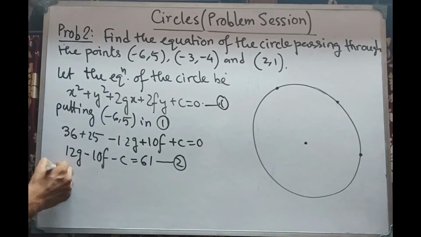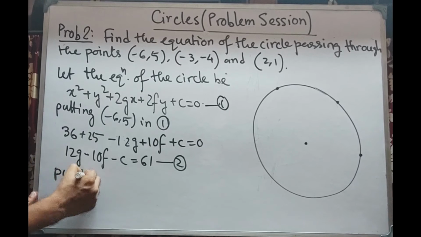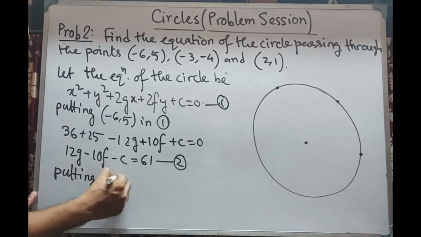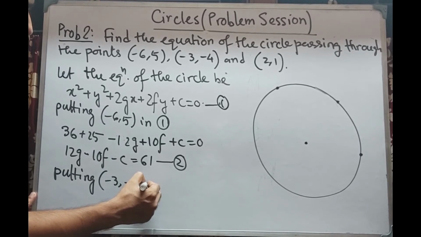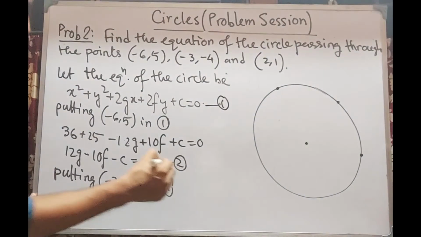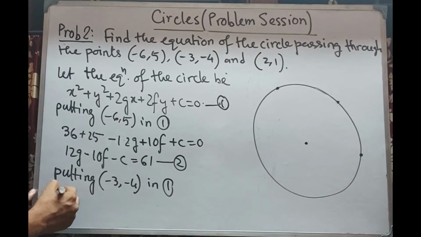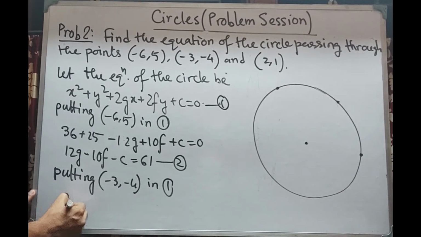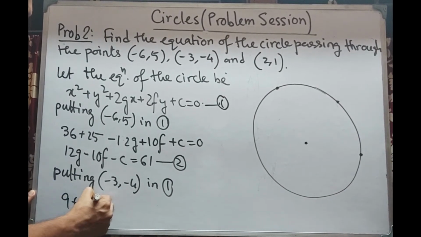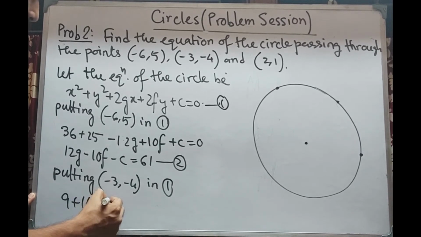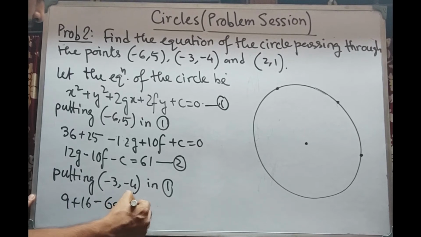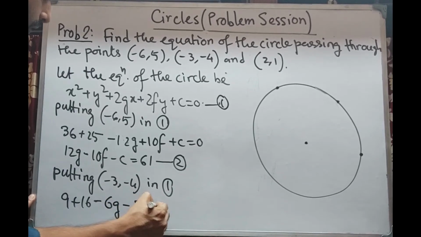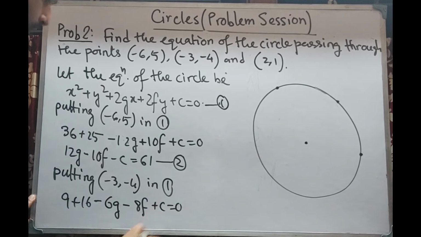In the same way, putting minus 3, 4, what you are getting? You are getting 9 plus 16 minus 6g minus 8f plus c is equals to 0.